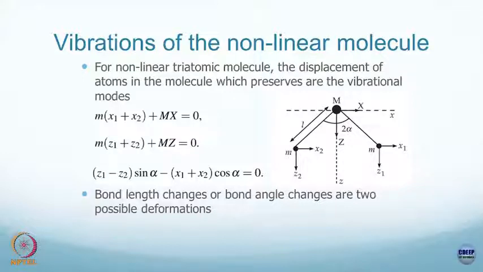So, for nonlinear triatomic molecules, the vibrational modes are subjected to these 3 constraints. The only motion where you are allowed the freedom of displacement or excursions of these atoms in the molecule is that either the bond length could change, this length could independently change, and you can also have the angle 2 alpha change because of the relative displacements of the atoms in the molecule, clear.